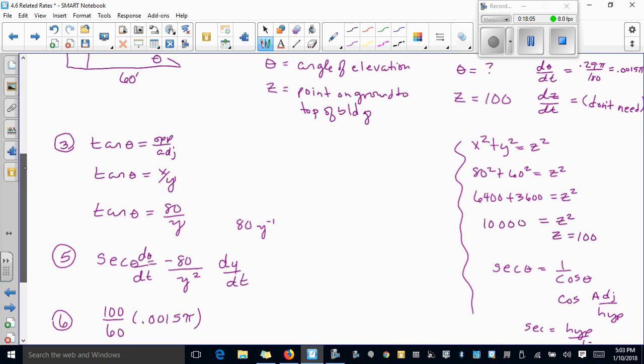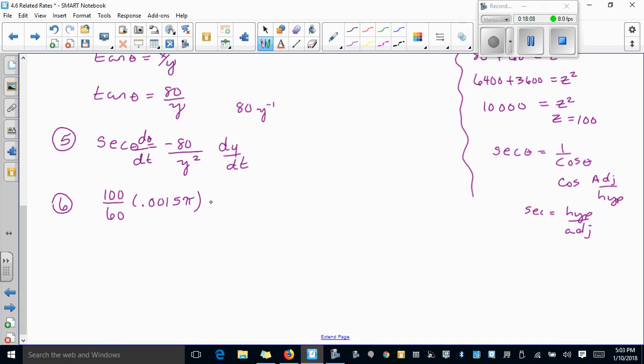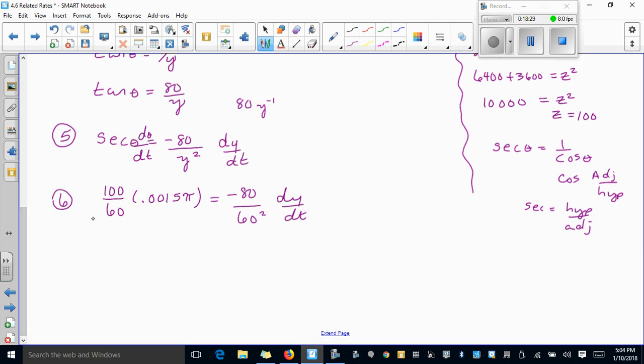So calculator time, we got a lot of calculator work to do, but I'm going to go ahead and move things around. I'm going to multiply by 60 squared over negative 80 on both sides. So we have 60 times 100 over negative 80. And for those of you going, wait, what happened? I have two 60s here. I canceled one of them out on the top. Times 0.0015 pi equals dy dt.